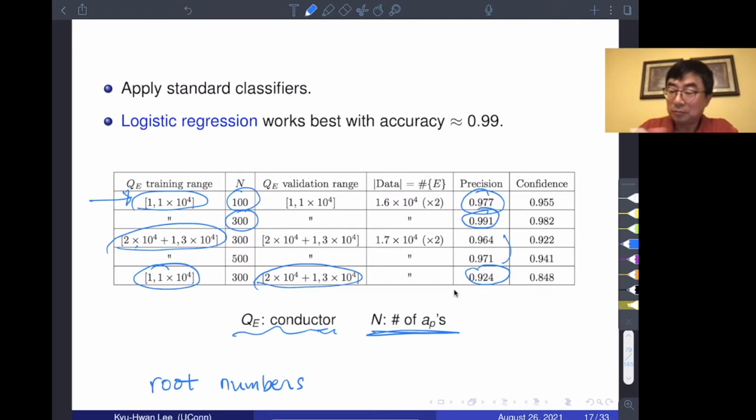I showed this result to an expert, and he mentioned that it is not difficult to tell rank 0 or 1 because we can compute root numbers. But still, it is interesting that the machine could learn how to tell the rank of an elliptic curve without computing root numbers directly.